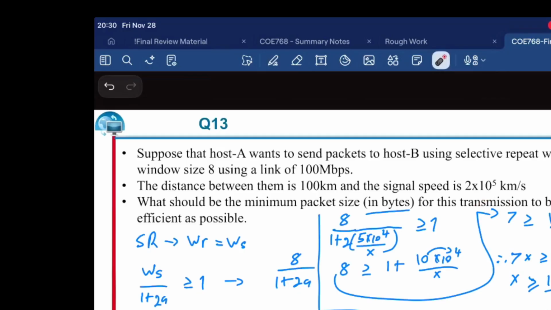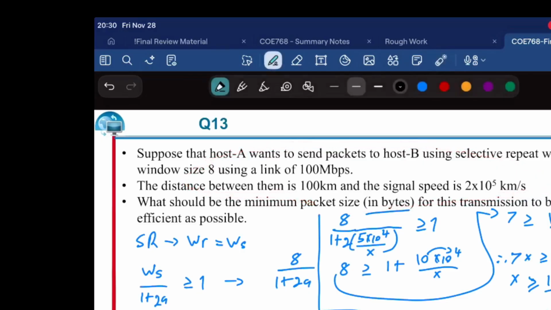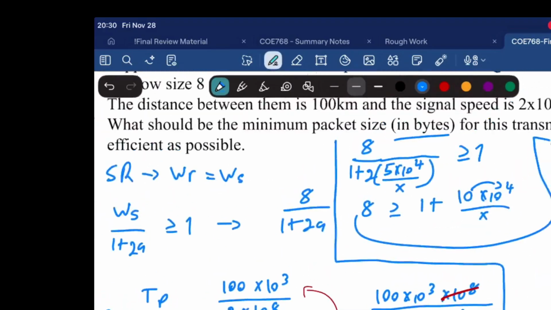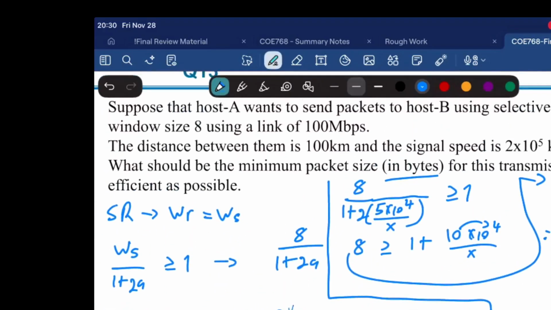Okay, so based on the information within the question, if I were to put the units for these, we have this is kilometers, this is kilometers. Then here this is going to be kilometers per second. Sorry, not kilometers, meters.